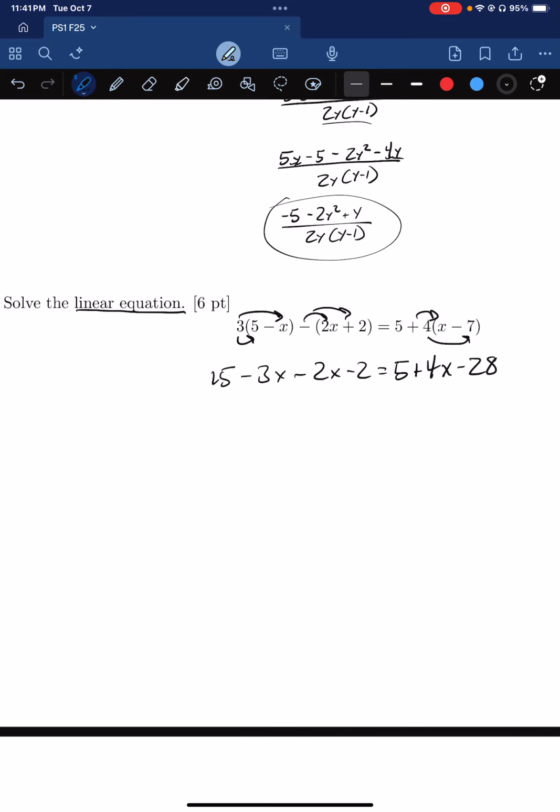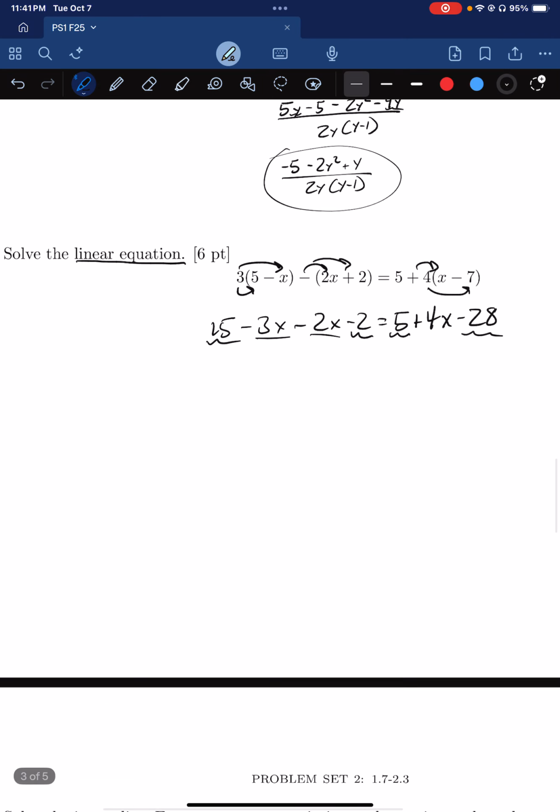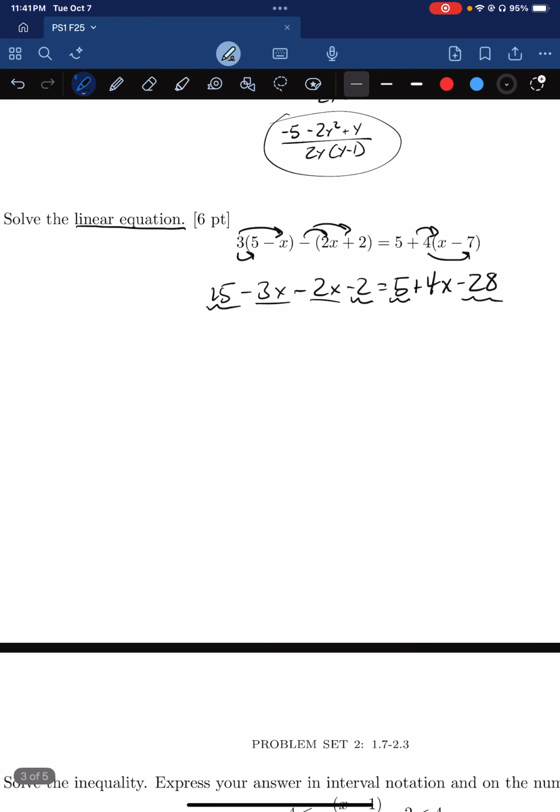All right, we have some x's here, some constants here, and we also have some constants on this side. So let's combine them. This 15 and this negative 2 becomes 13. Negative 3x minus 2x is going to be the same as negative 5x. And then this equals 5 minus 28 is a negative 23, and then plus 4x.